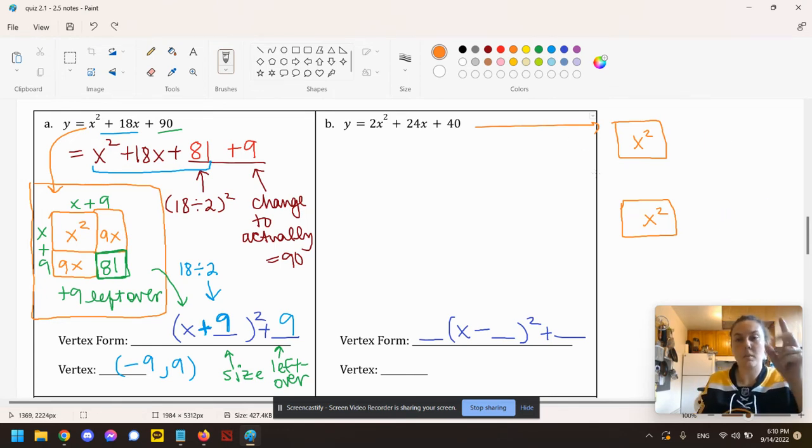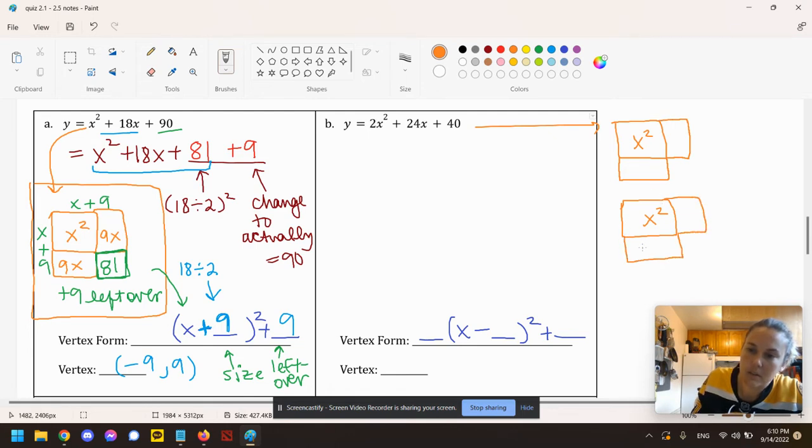So I divided the 24 by 2 to see how many would be in each block, and then I divided it by 2 again to see how many would be on each side of the block. So I think these should be 6x each, because 24 divided by 2 is 12, and when I split 12 in 2 parts, I get 6. My length then is x plus 6 and x plus 6.